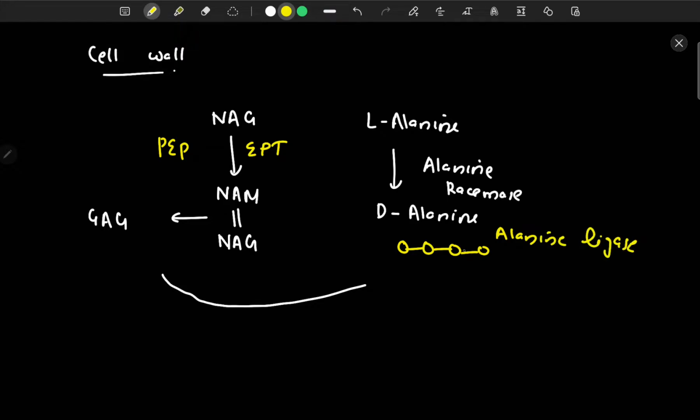So this is the peptide chain that is formed, and there is also addition of glycine. So together, glycosaminoglycans plus this peptide chain, we can call it 1 unit of cell wall.